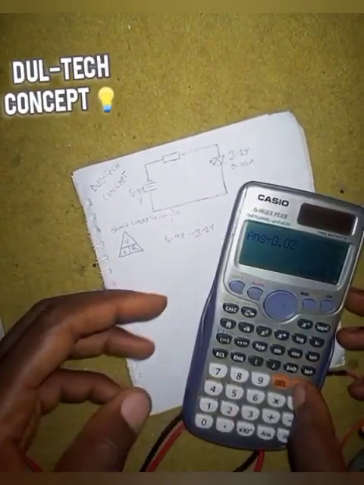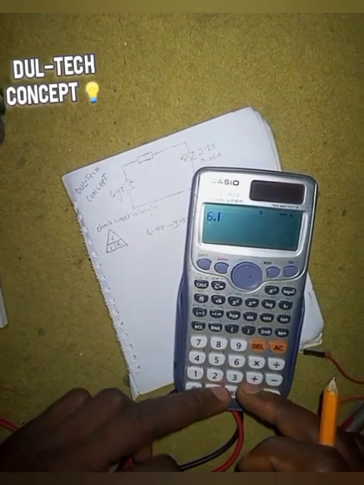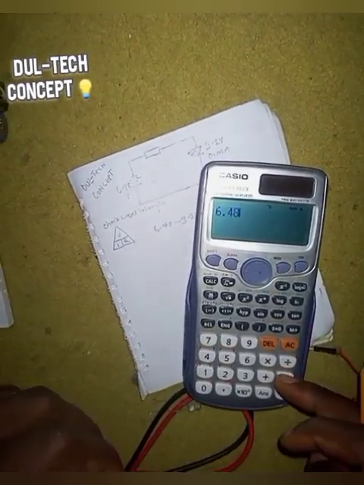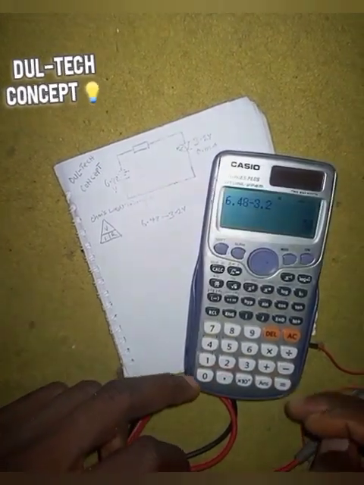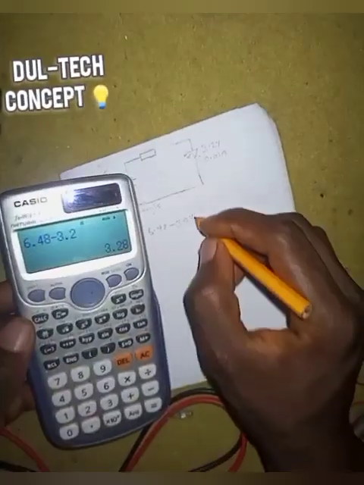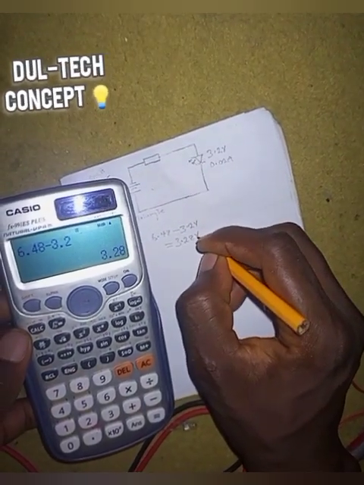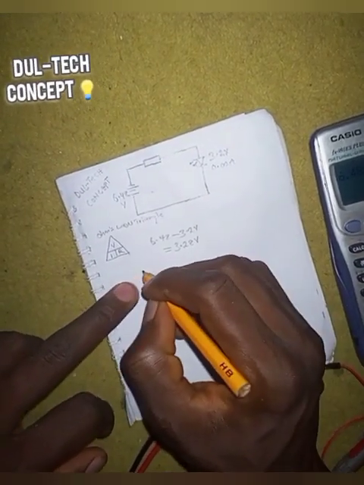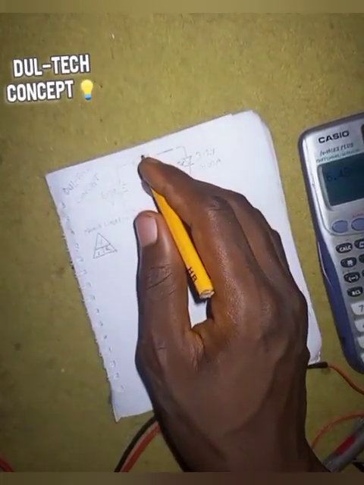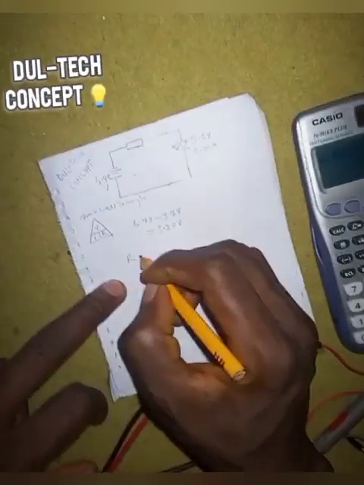Now using our calculator quickly, we will have 6.48 minus 3.2, which happens to be 3.28 volts.